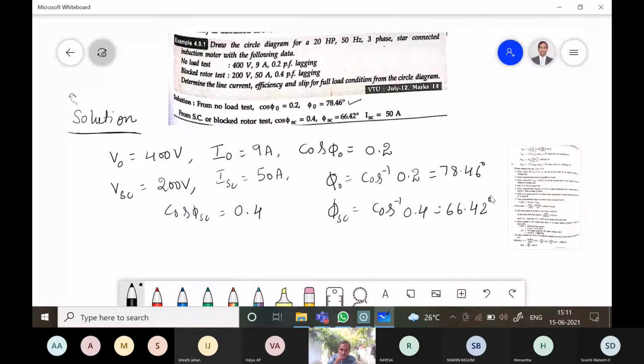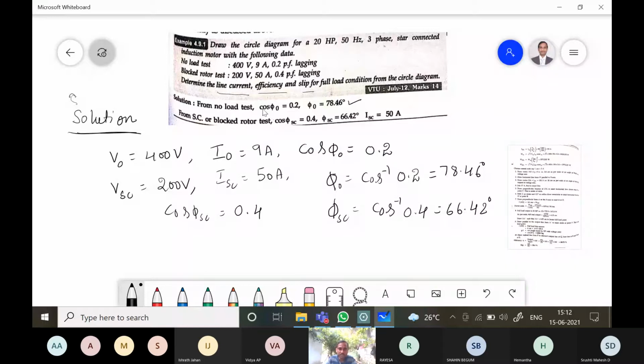So now you have got these values. In this problem, we need to determine the line current, efficiency and slip from the circle diagram. So these three things we need to find out from the circle diagram.